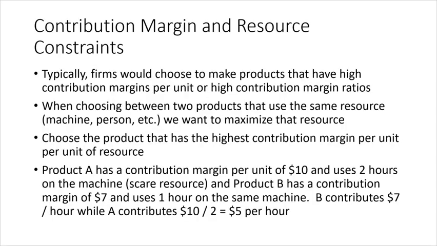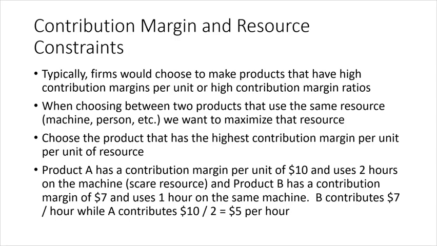So, contribution margin and the resource constraint. When we have done this kind of analysis, and we've done a lot of looking at contribution margin, another decision we might want to look at, especially when we're making more than one product, is which to make. Typically you would want to make those products that have high contribution margins per unit or high contribution margin ratios.